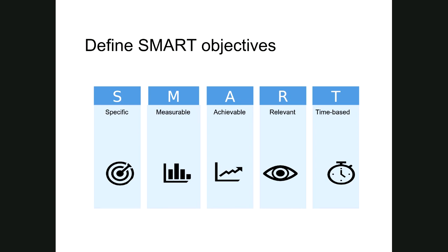Is it specific? Can I measure it? Some objectives I have, or you may have, are not measurable. If that's the case, then you need to find another one. Everything is not measurable.